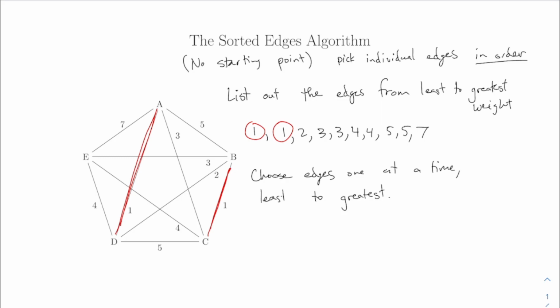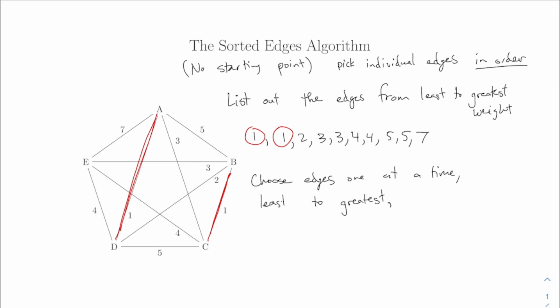And as you go, you cannot choose illegal ones. The rules about legal versus illegal are the same stuff that we talked about with Hamilton circuits. So you choose edges one at a time, least to greatest, but never make a three-way intersection of the ones that you chose. As you're going, there may be some which become illegal. So next up is the 2. Look over here.